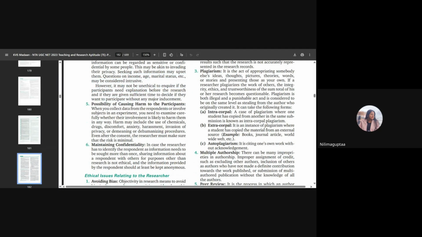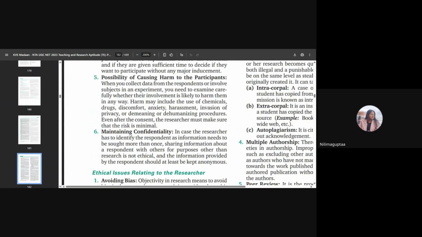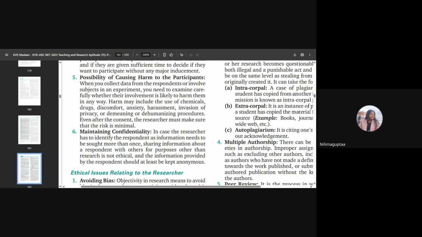Then the possibility of causing harm to the participant. When we collect data from respondents or involve subjects in an experiment, we need to be very careful that their involvement is not likely to harm them in any way, through any kind of medicines, drugs, or chemicals that we use, or any kind of discomfort or anxiety that we cause.